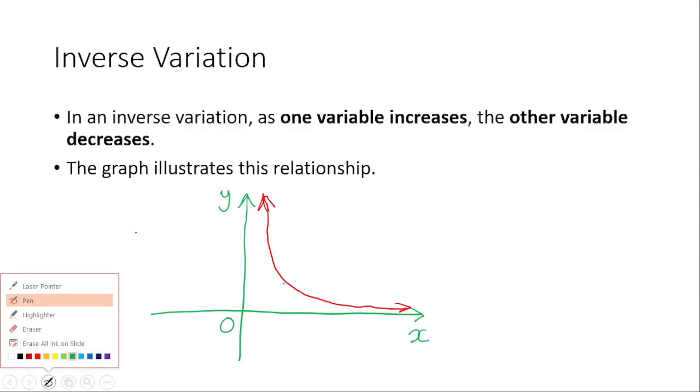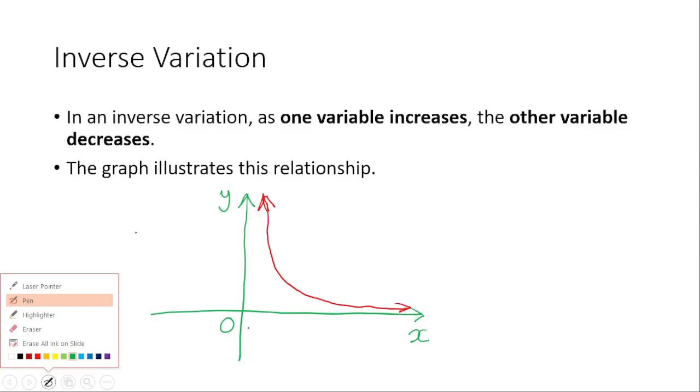All right, so we are saying that as one variable increases, the other decreases. The curve is not touching the axis. It's getting closer and closer to meeting the axis, but it does not meet the axis.